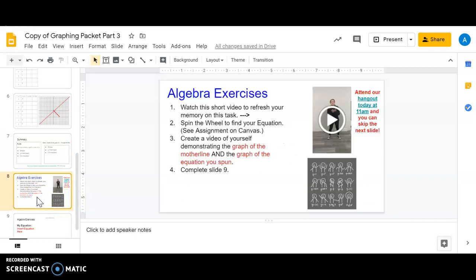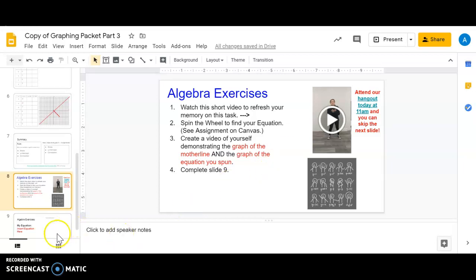When you get to your algebra exercises, I've made a little change. First of all, if you join our Hangout today, you can stop at slide 7. 8 and 9 will get done during our Hangout. But if you need a refresher, you can watch this video. It's the same as on part 2. Then you're going to spin the wheel in our Canvas assignment, and then create a video of yourself demonstrating both the mother line and the graph of the equation you spun.